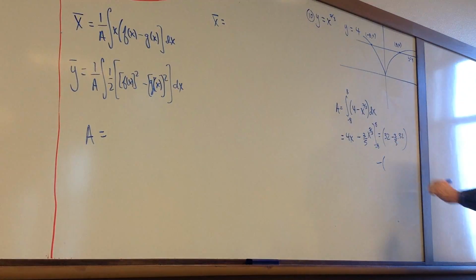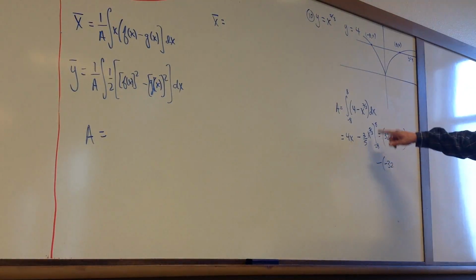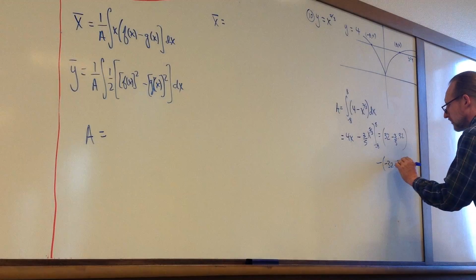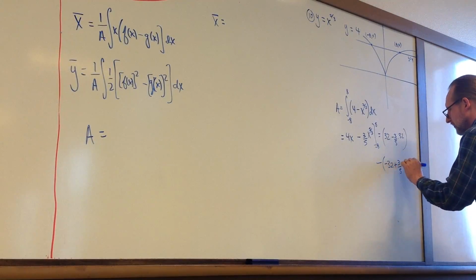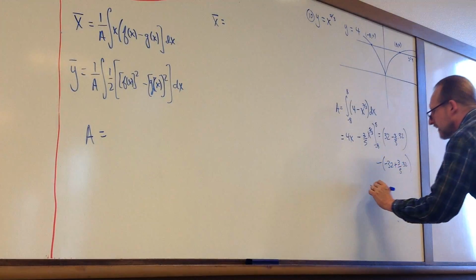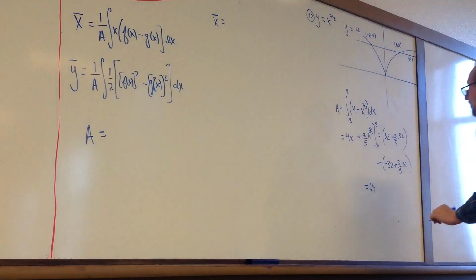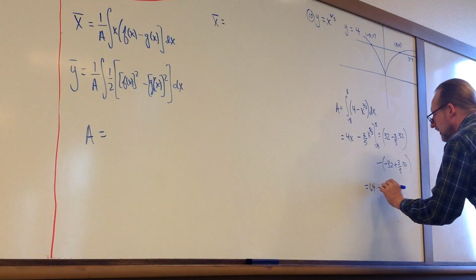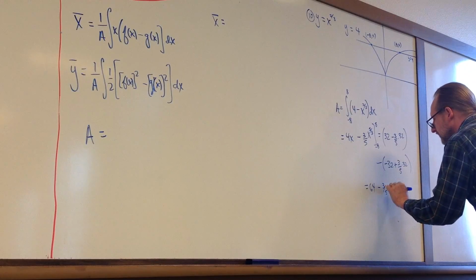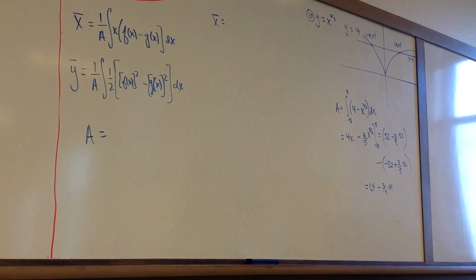And then we want to subtract -32, and then that'll be plus 3/5 times 32. So what do we get out of this for the area is 64 minus 3/5 times 64. That area should be 128 over 5, or as a decimal, it's 25.6.